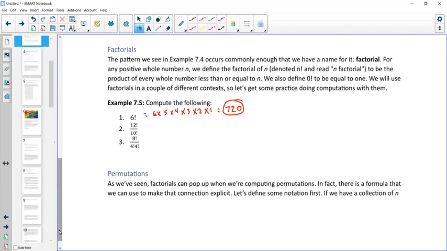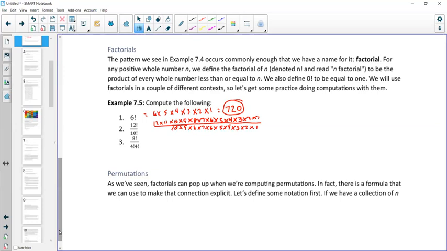Okay, now we have 12 factorial divided by 10 factorial. Well, this would be 12 times 11 times 10 times 9 times 8 times 7 times 6 times 5 times 4 times 3 times 2 times 1, all divided by 10 factorial, which is 10 times 9 times 8 times 7 times 6 times 5 times 4 times 3 times 2 times 1.